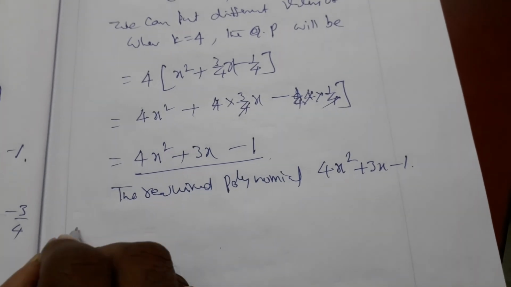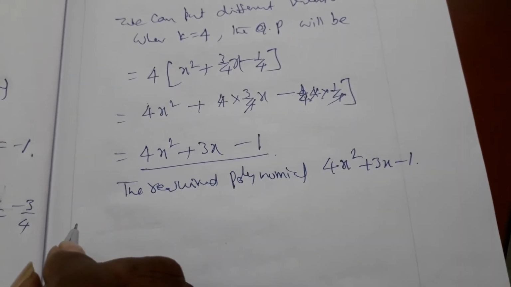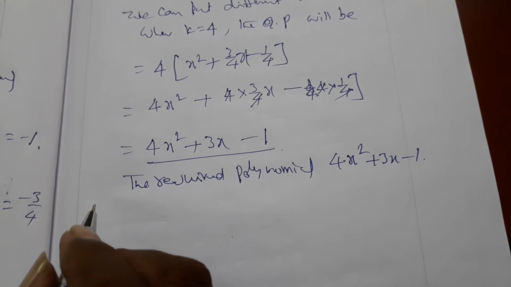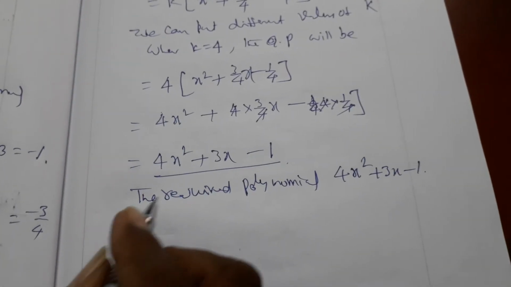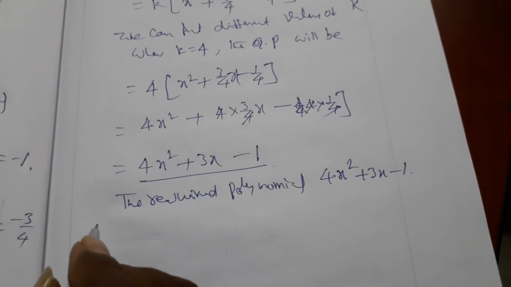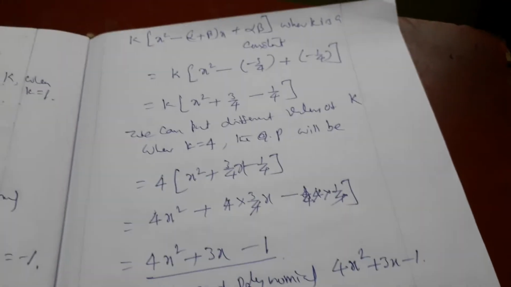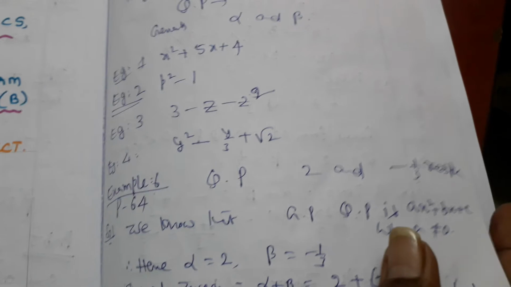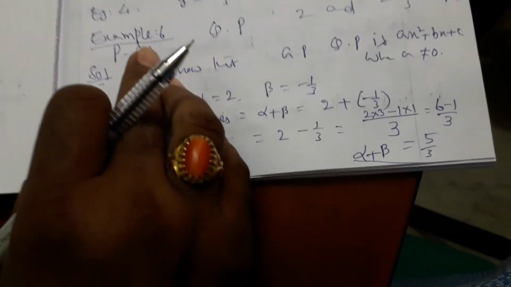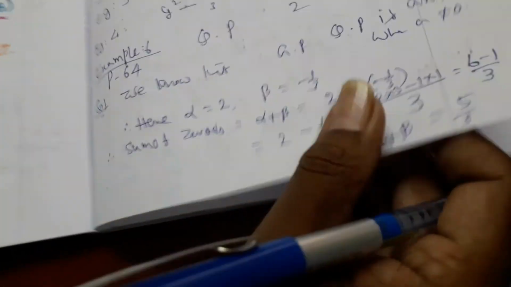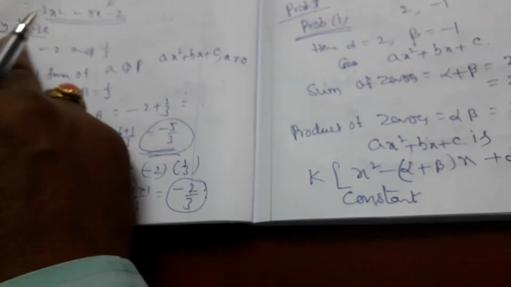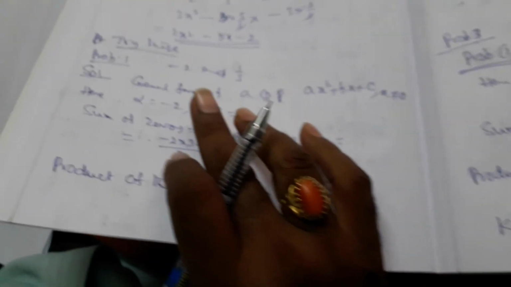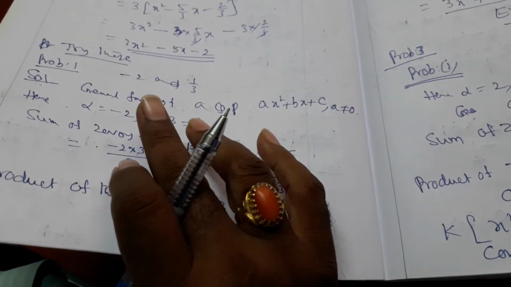Now, problem 2 in this, the last one, the sum of the 4th Roman is also given, it is HW. Now, students, once again I am clarifying. First of all, I solved example 6 in the textbook, page number 64. And try this problem 1 I solved. Problem 2 is HW.